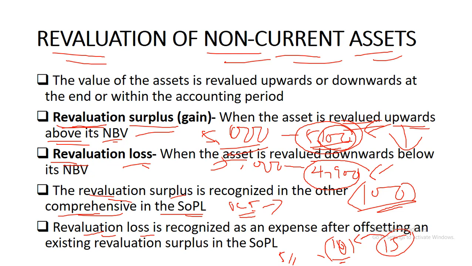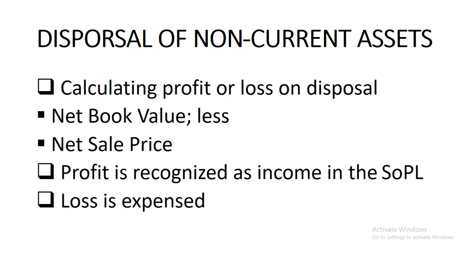But for this level, I don't really think there's much to think about in terms of how you treat the revaluation loss, but it's really important for you to understand how you treat the revaluation loss as well as the revaluation surplus.